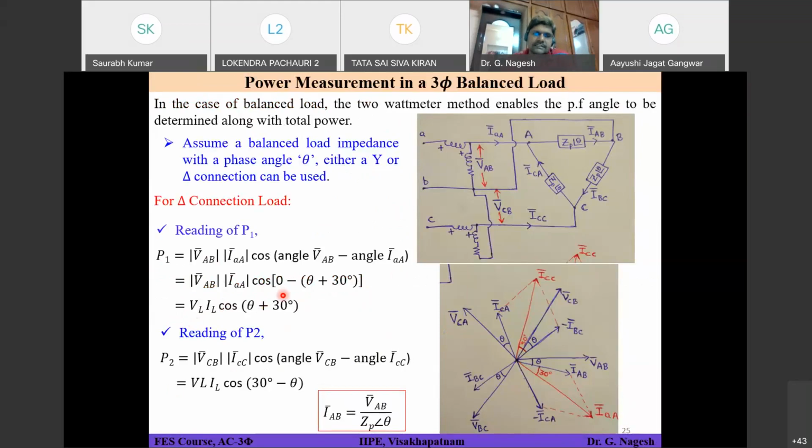I have given you the P1 expression and the P2 expression. Try to calculate P1 divided by P2. You will get it in terms of cos of 30 plus theta divided by cos of 30 minus theta. So expand that cos function and try to do that.